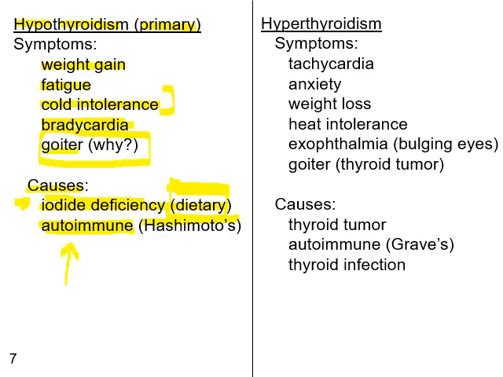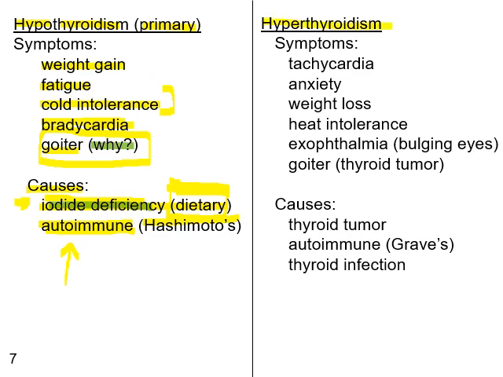Goiter is an enlargement of the thyroid gland, and sometimes it can be quite extreme. And so the question I want you to think about is, why would there be goiter in iodide deficiency primary hypothyroidism? Think about that for a moment. I'll pause the slide after we get to hyperthyroidism.